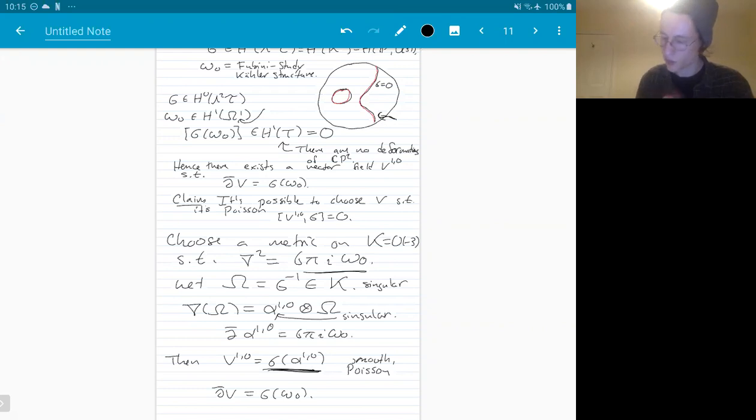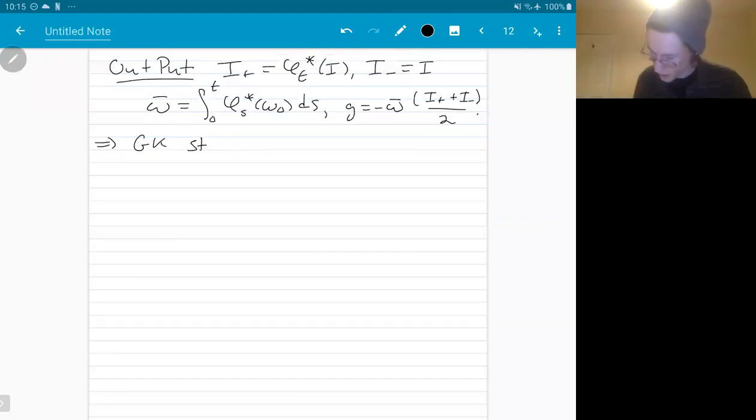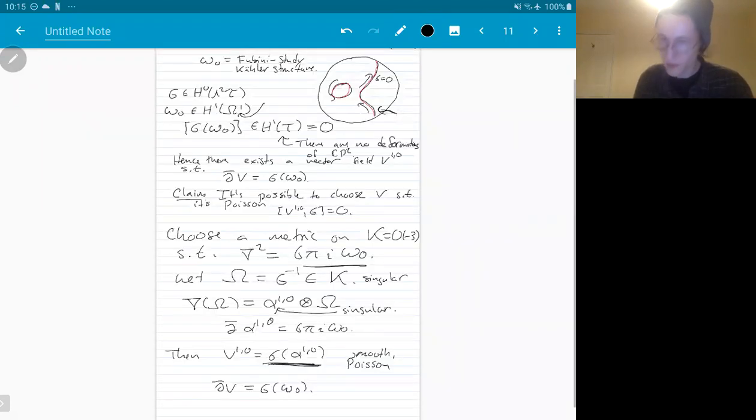I guess it will flow along it. Because the output at the end is a generalized Kähler structure such that sigma minus is sigma. This vanishes on this elliptic curve, so sigma plus also has to vanish on the same elliptic curve.